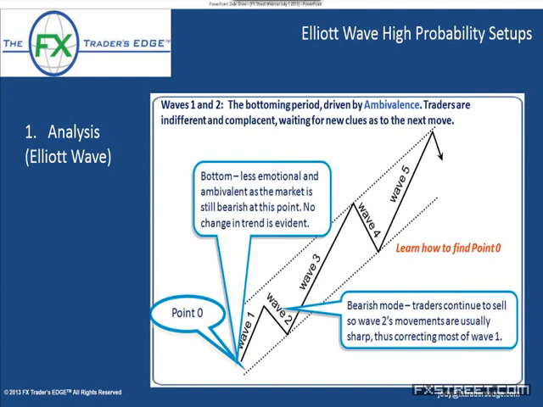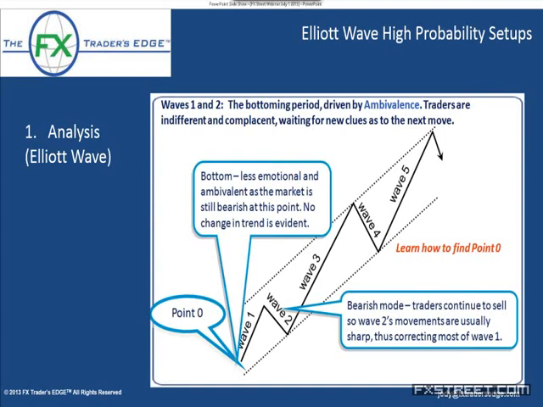Let's begin with waves 1 and 2. When the move is just beginning, the market is very less emotional because they're thinking that we are still in a downtrend from the previous move down. They have not recognized that we've had a change in trend as of yet.